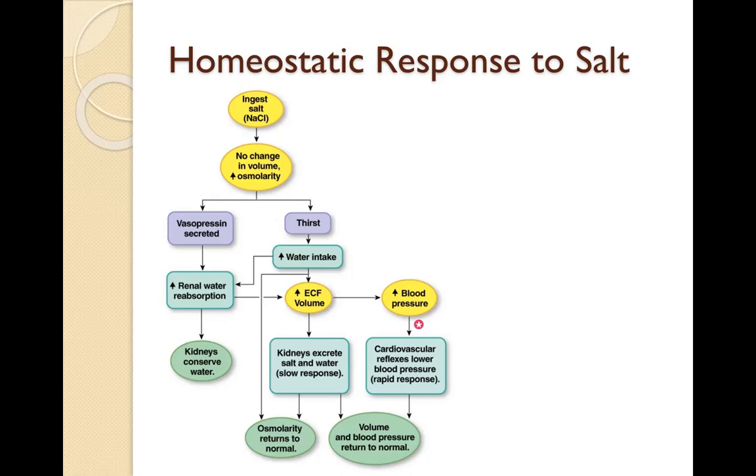And overall, that will help dilute some of the change in osmolarity and will bring that osmolarity back down to normal. These flowcharts are quite good. They discuss things in a very logical fashion. So they're definitely good things to know.